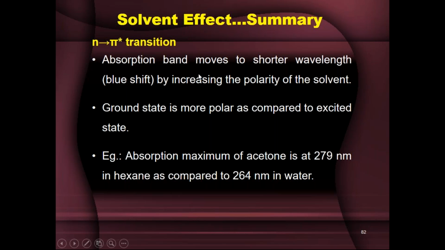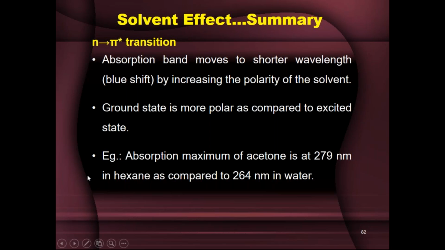Why does this happen? This is because the ground state is more polar as compared to the excited state. So the ground state is stabilized more than the excited state.